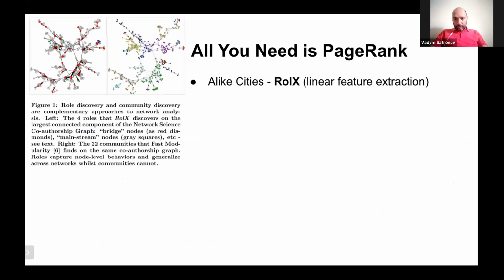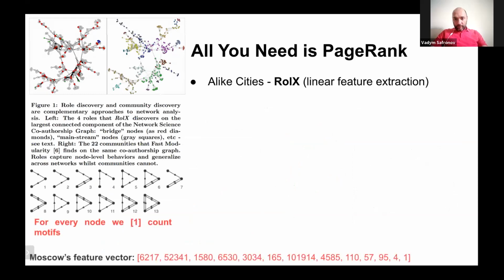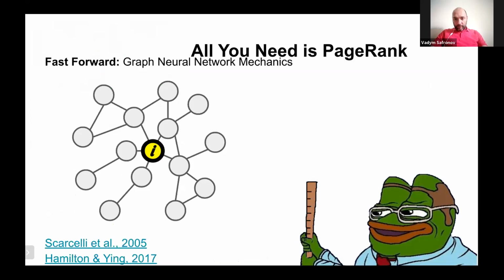Next important property of networks is structural roles. Nodes are embedded differently. So we make a count of motifs around every node and use those counts as feature vectors. This is how Moscow is embedded into the network of all transport. For every node, we look at the neighborhood.